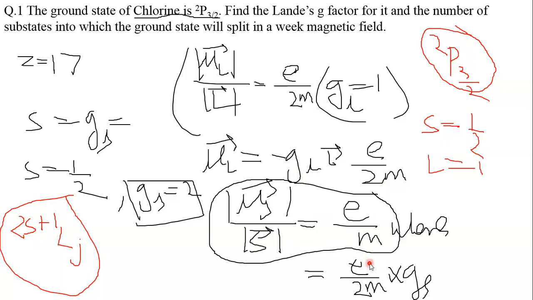So when there are both L and S, they will interact with each other to produce total angular momentum, which is J. Similarly, the algebra is the same, and we have mu J by J.